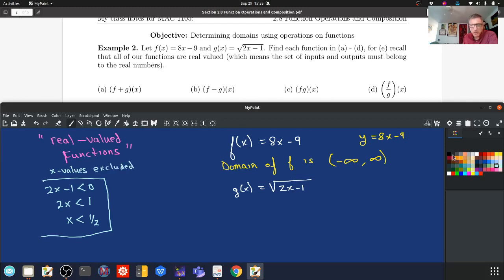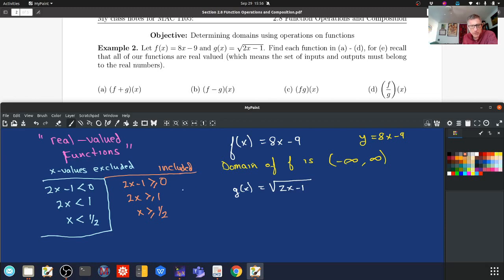Well, really what we want is x values included. You can get it. So really we want 2x minus 1 to be greater than or equal to 0. And this will give me included values. So solving that, we get x is greater than or equal to 1/2. And this is probably easier to deal with because these are elements in our domain.